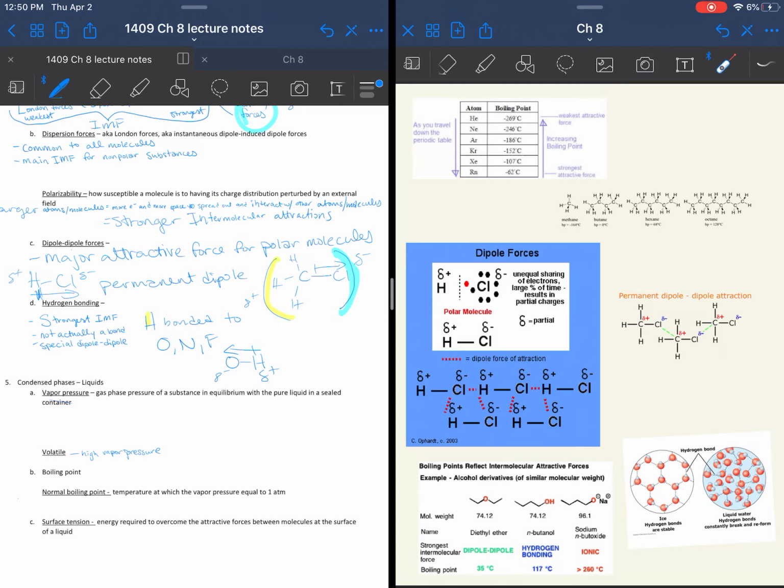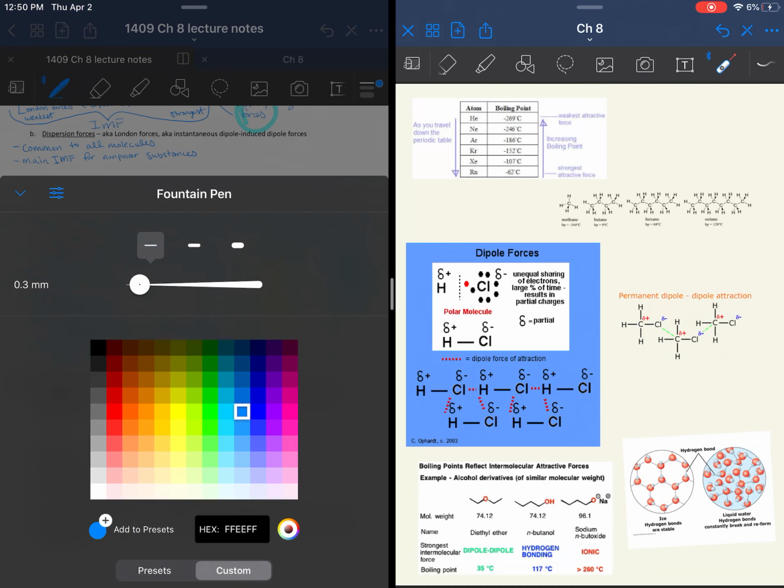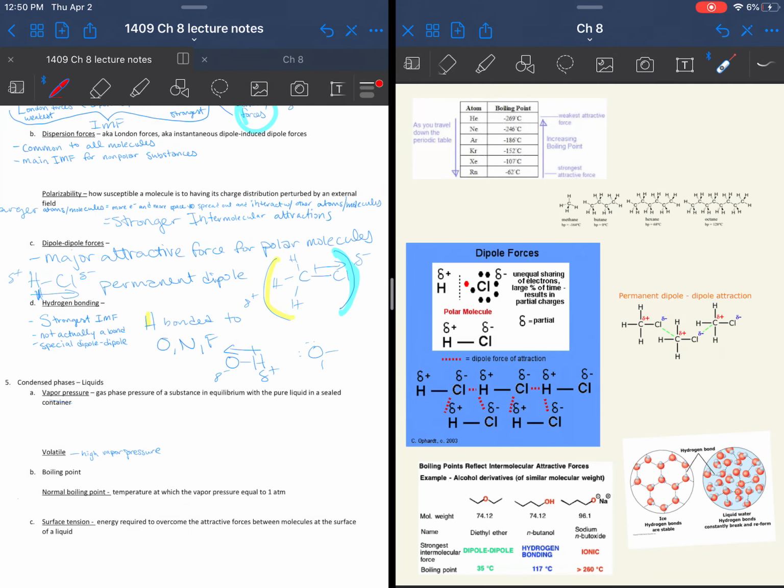Okay, that's okay. Here we go. So what do you need for the hydrogen bond? It's a hydrogen on an O, N, or F, not just on a molecule with O, N, or F, but directly attached. And then it is going to be attracted to the lone pair of another O, N, or F. Right?